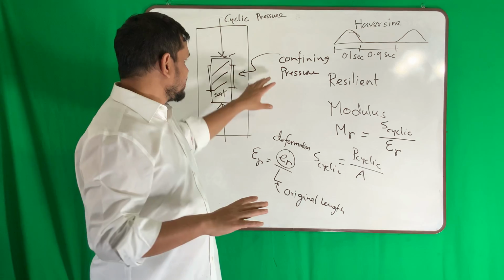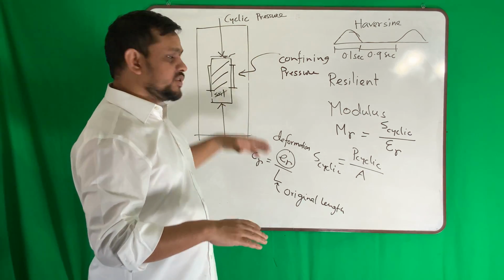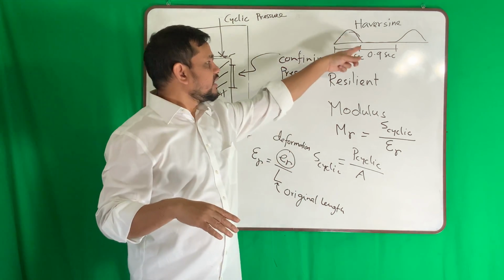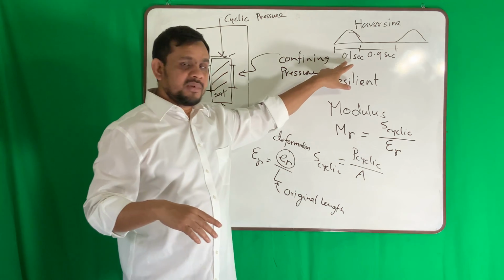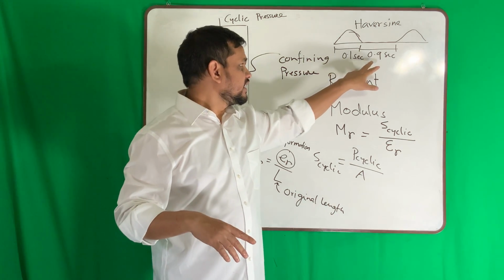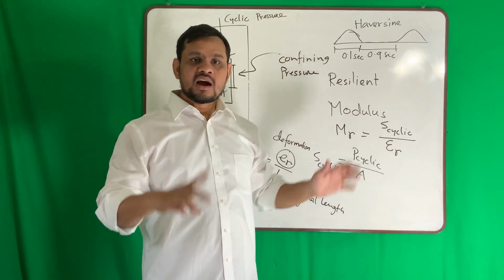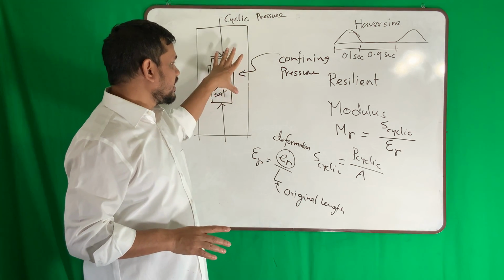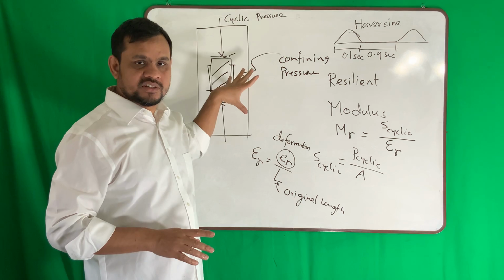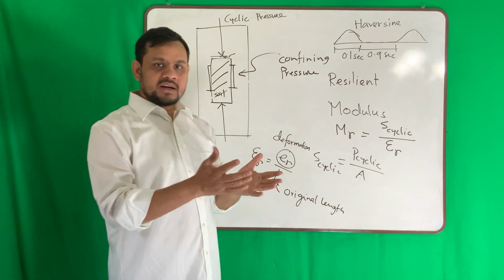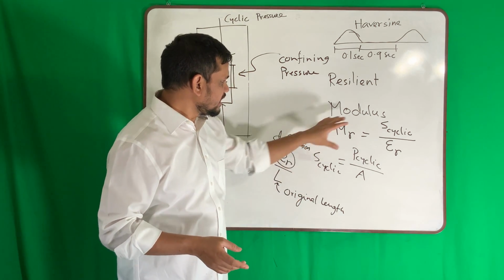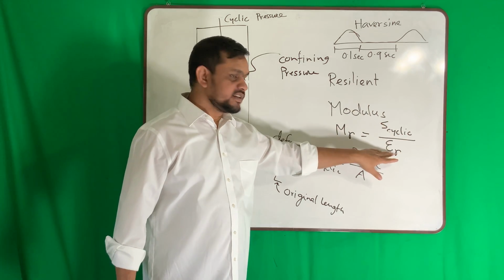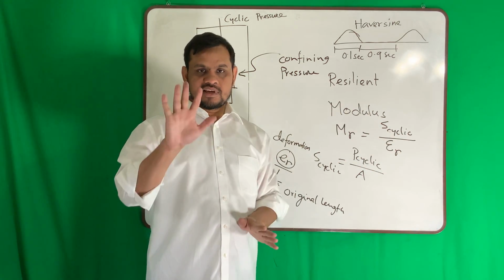For a particular pressure, we apply cyclic Haversine load. We apply load in 0.1 second and rest 0.9 second. This way 100 cycles for a particular stress configuration. Then we calculate the cyclic stress at the last 5 cycles.